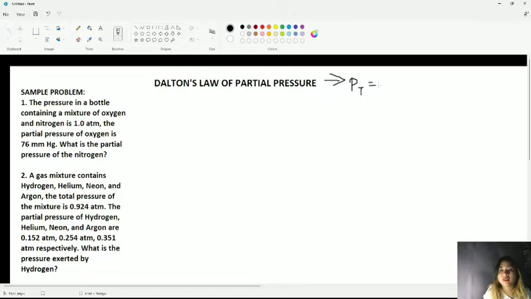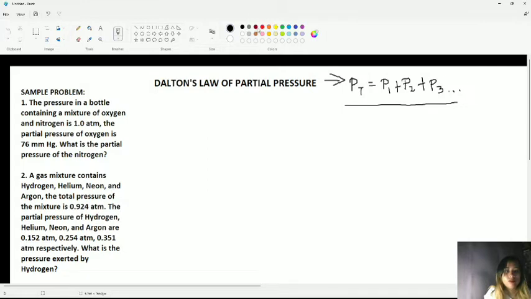P sub T is equal to P sub 1 plus P sub 2 plus P sub 3, and so on, up to infinity, P sub 4, P sub 5, and so on. We're going to use this formula to answer these sample problems.